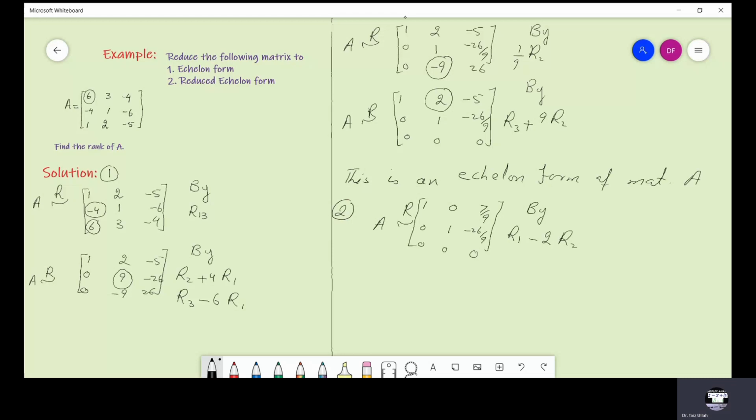Now the third one is rank of matrix A. So rank of matrix A is equal to the number of non-zero rows when matrix A is reduced to echelon form. So this one is the echelon form and we can see that there are 2 non-zero rows. So rank of A is equal to 2.